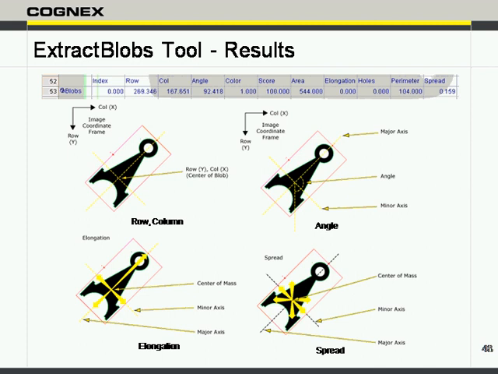Some of the different pieces of information that we can get from the blob is, of course, we get row column angle, so it's very much like a fixturing tool. We could use it as that. We also get some elongation parameters, so we have row column angle information. Elongation, now it's not going to be very accurate, just give us the longest axis and how wide and what the area here is spread, the values for it.